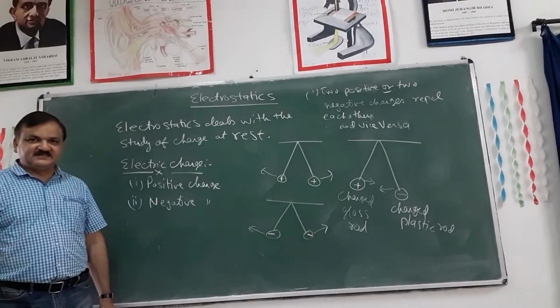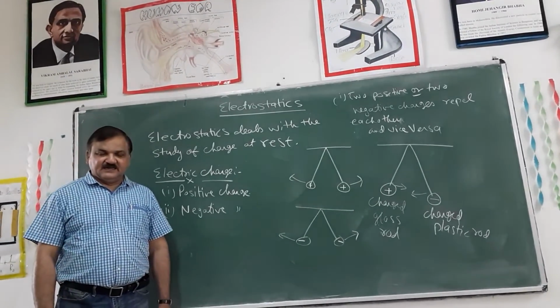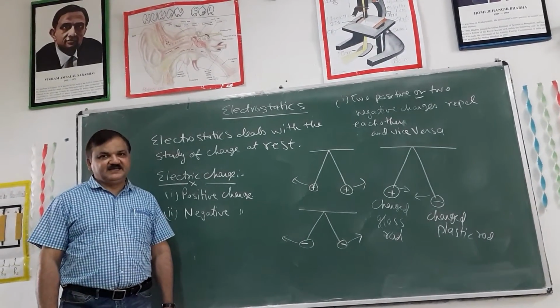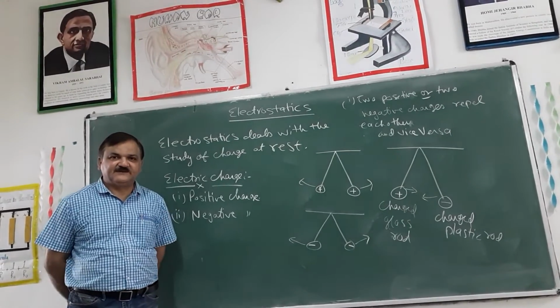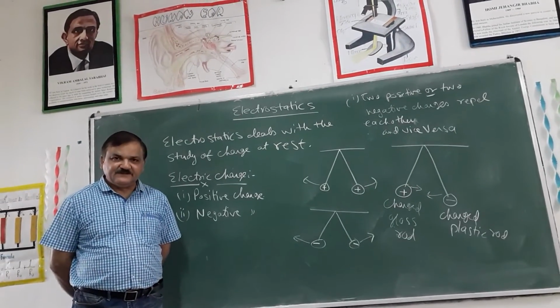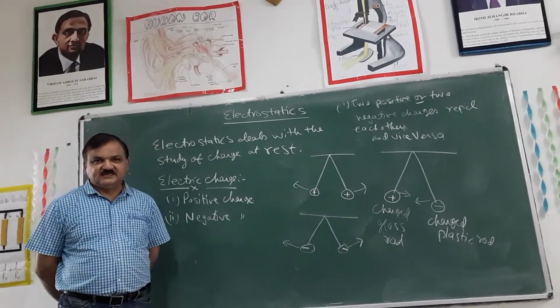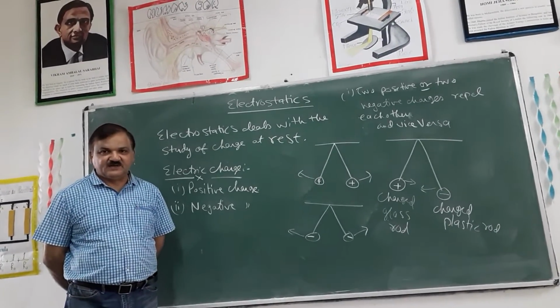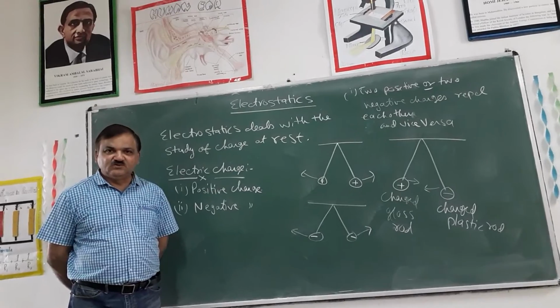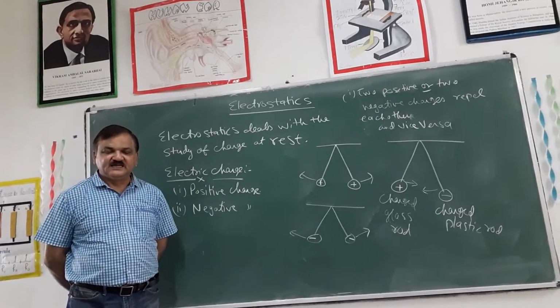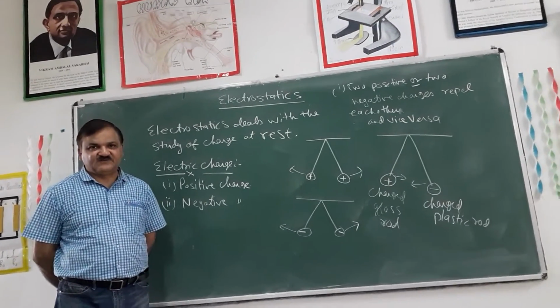So in summary, we can say that when one light body is rubbed against another body, electric charge is developed in the two bodies. Or in other words, the two rubbed bodies are said to be electrified.